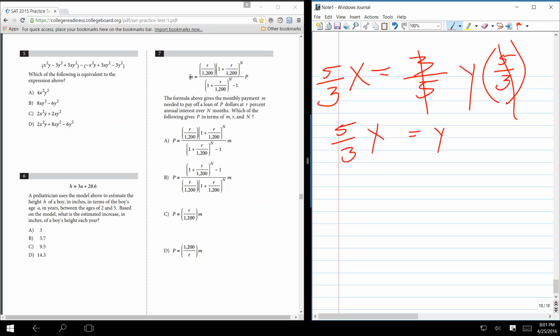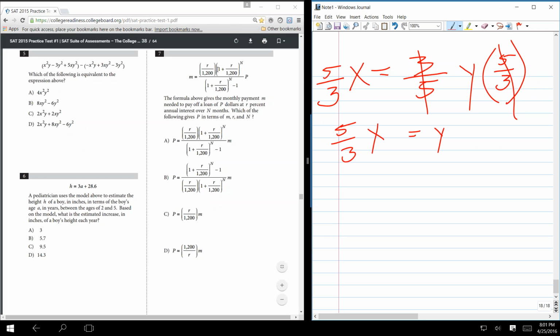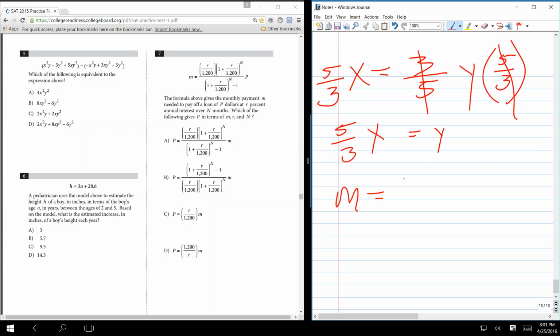This problem is exactly the same. Only you have m is equal to this ridiculously complex fraction over this ridiculously complex fraction, but it's all times p. So I have m is equal to, let's just call that whole fraction question mark p. So how do I solve for p?